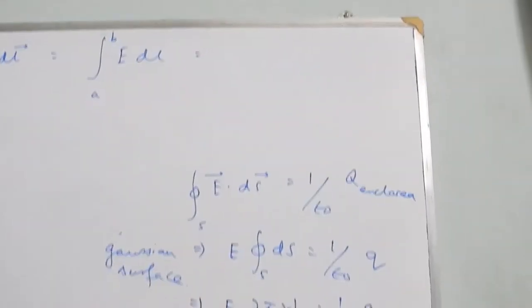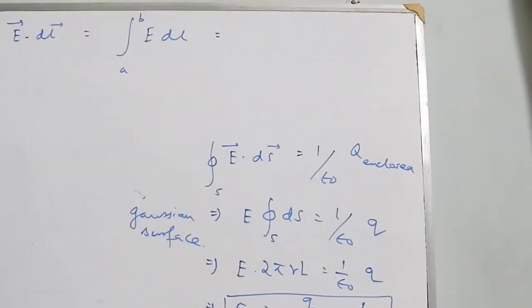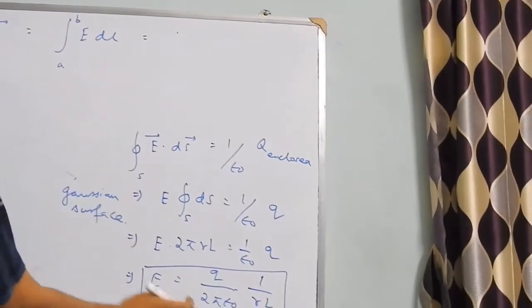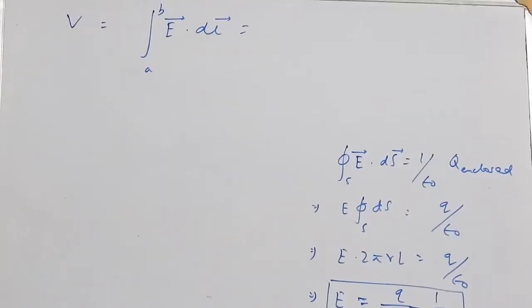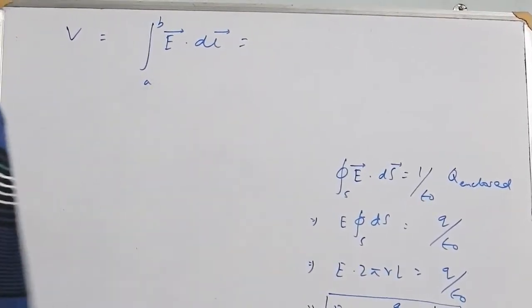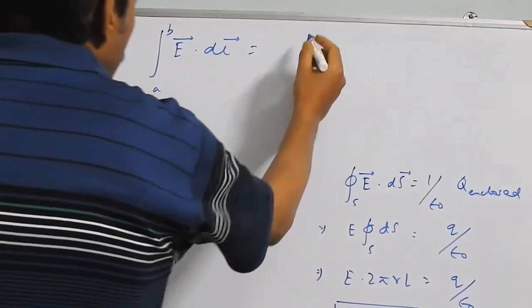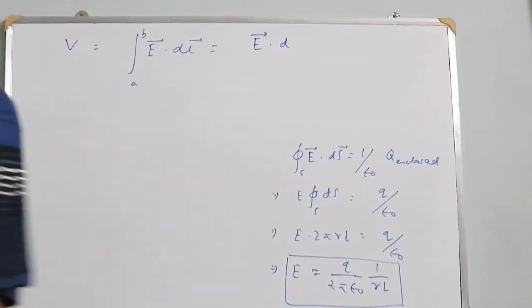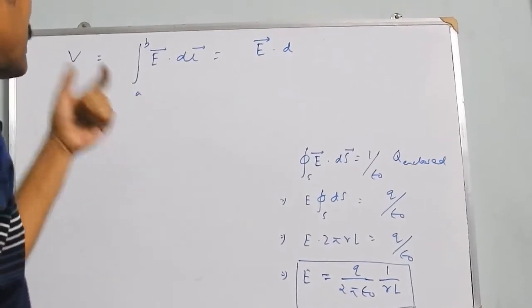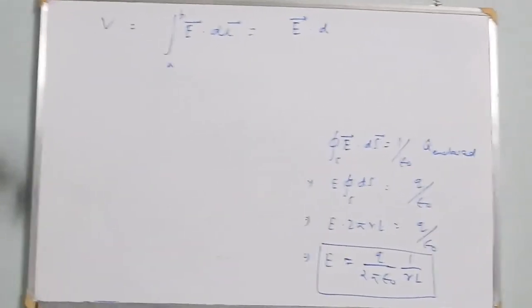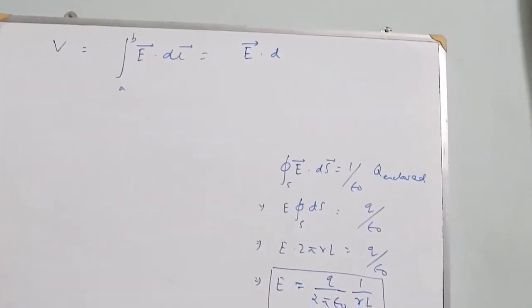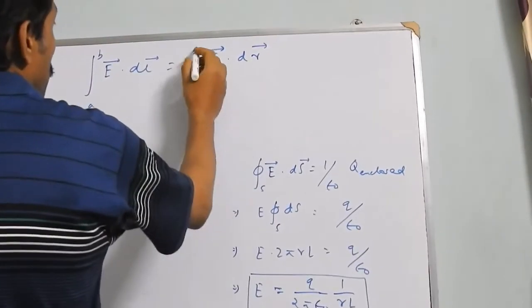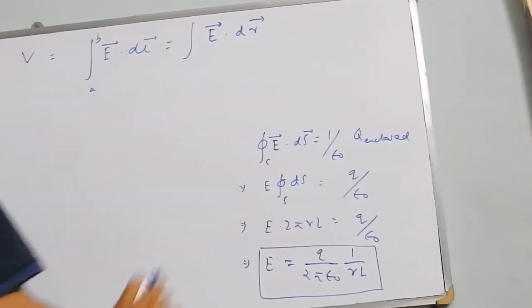Now dl and dr are in the same direction, so this dl can be represented by dr, and E will be replaced by this. So E dot dl will be integrated. E dot dl will produce E dr, because dl is nothing but a small segment along the path connecting the inner cylinder to the outer cylindrical shell.